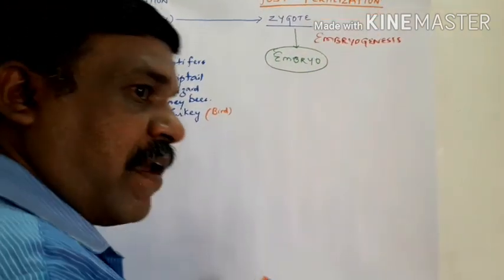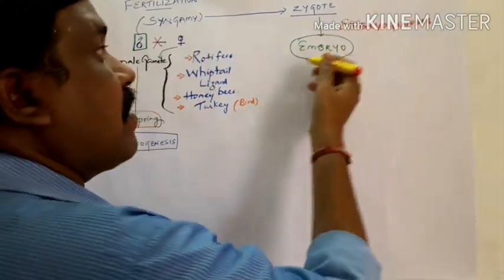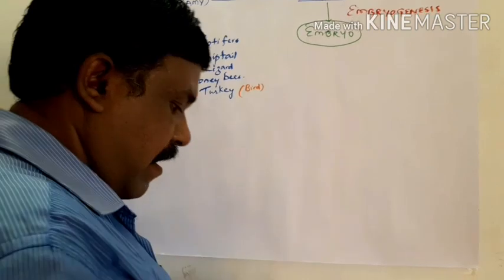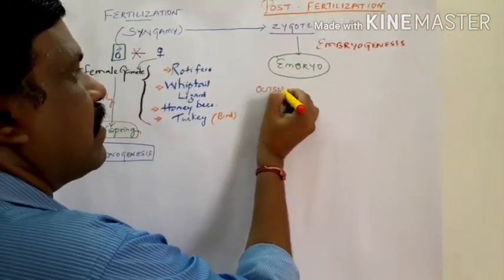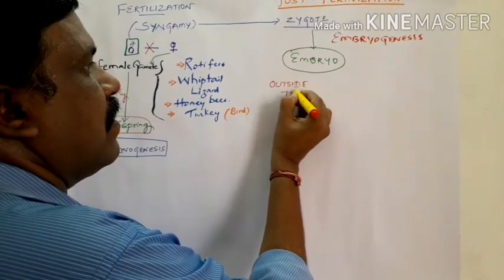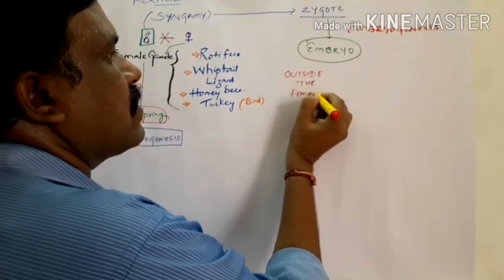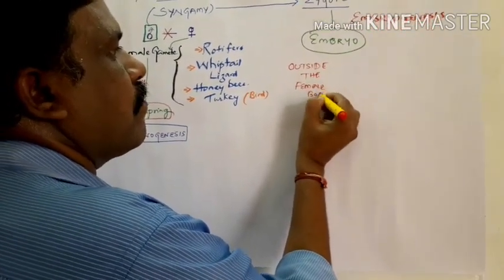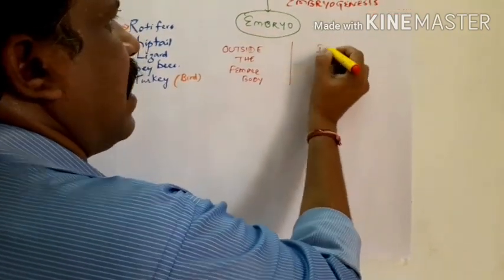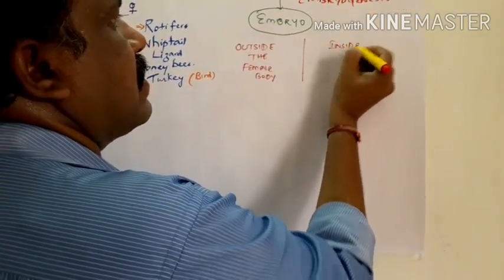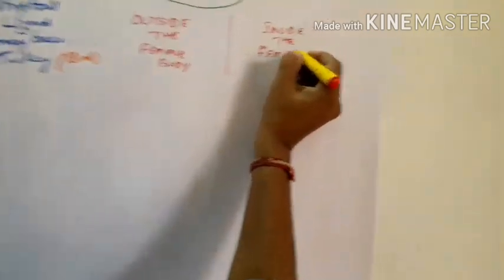Now, again, in the organisms, where is this embryo developed? If it is developed outside the female body, or if it occurs inside the female body.